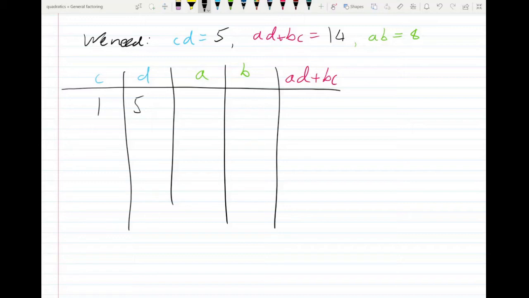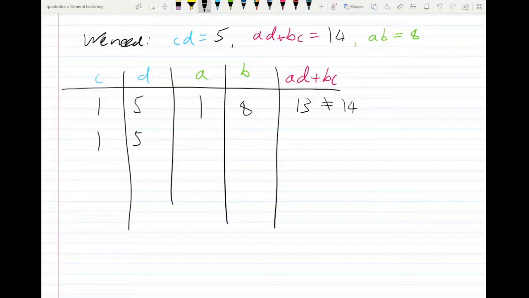Anyway, let's try 1 and 8 for a and b. In this case, ad is 5 and bc is 8. So ad plus bc is 13, which is not 14. So let's try something else. How about we try keeping c and d?